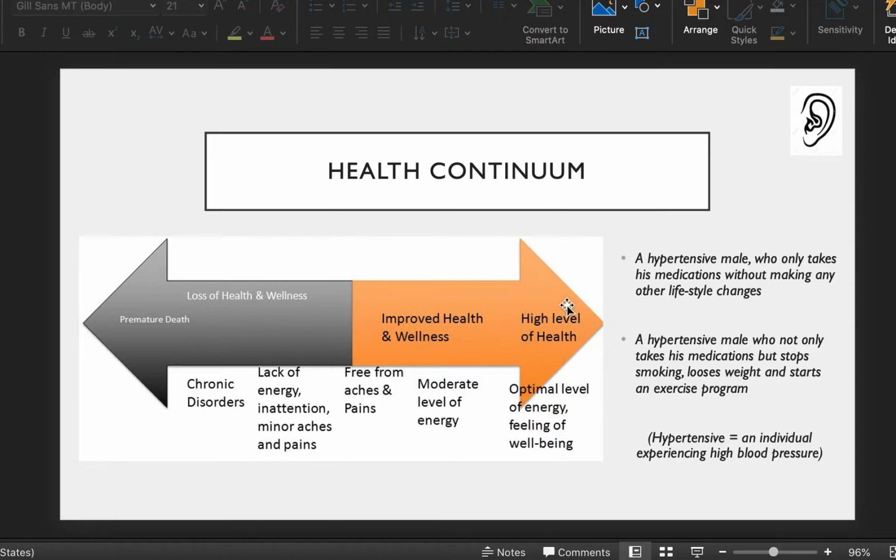But people in that high level of health, whether they're individuals or populations, will also be absent of disability, absent of disease that underpins their health and lifestyles, and they are in a high level of health, optimum levels of energy, feeling of good well-being. All of the 5 health and well-being dimensions are hitting the high points in this section here. But this is a continuum, so anybody or any population can plot at any point along this continuum.